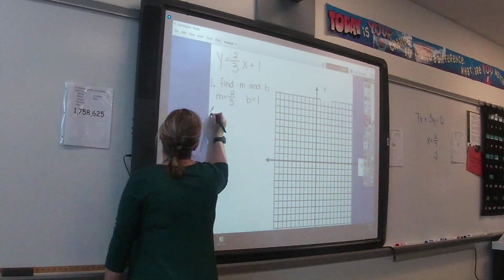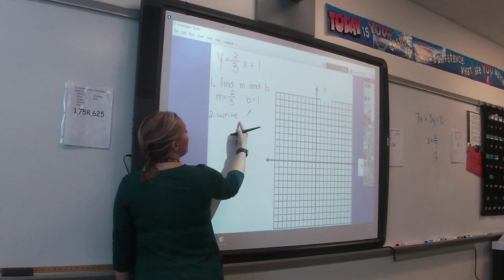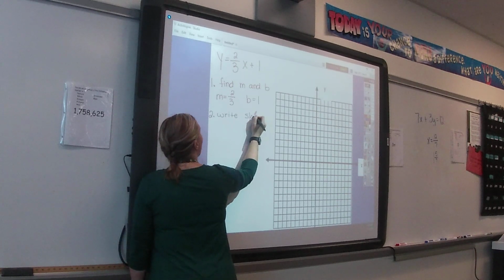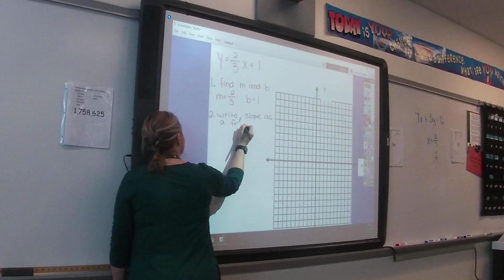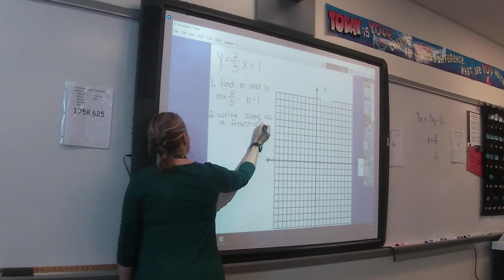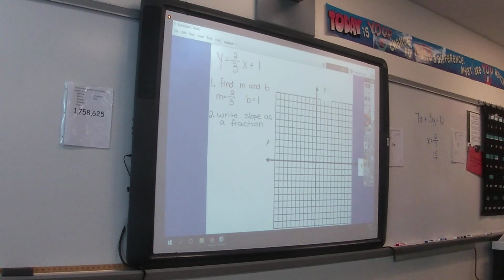Step 2. We want to make sure to write the slope as a fraction. Sometimes we're in luck and it's already given to us as a fraction. So in this situation, the slope is 2/3.